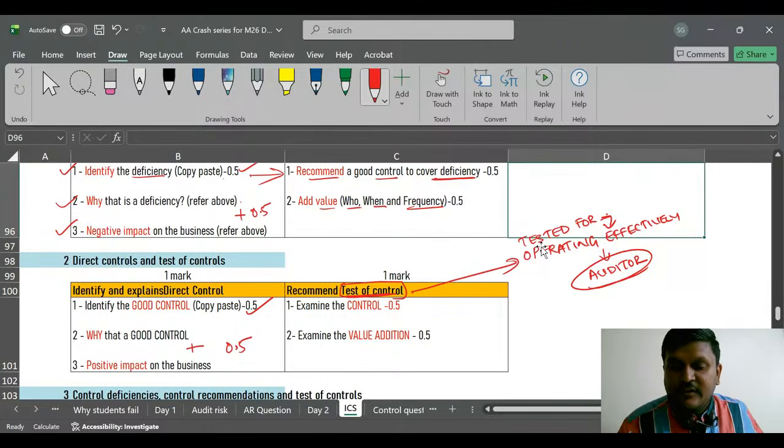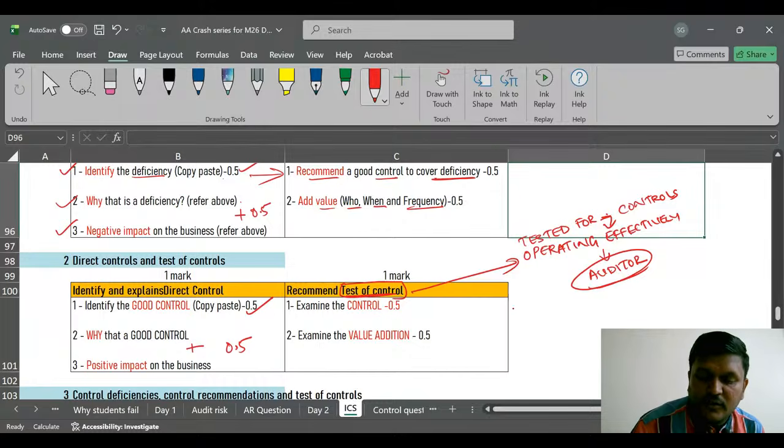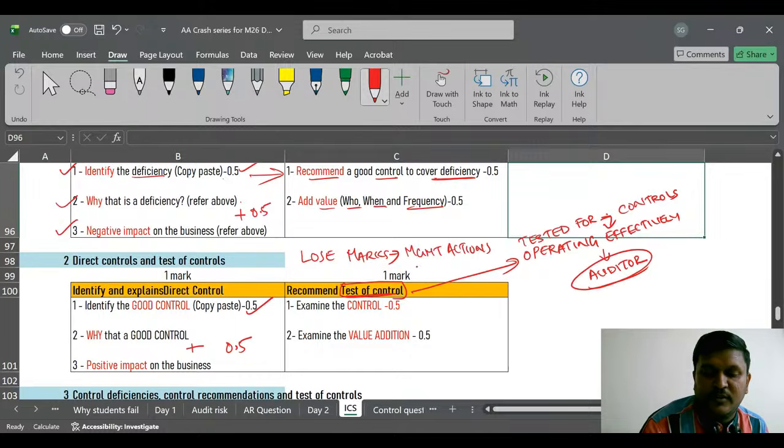And again, we are testing controls. So how will you lose marks here? You lose marks if you state management actions, or if, instead of control testing, you give substantive procedures.